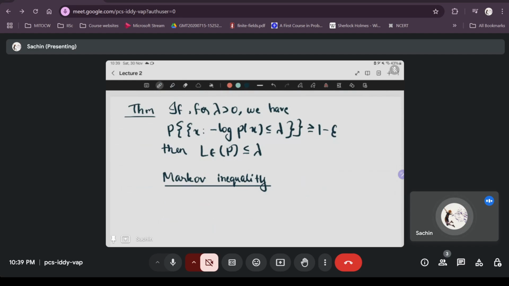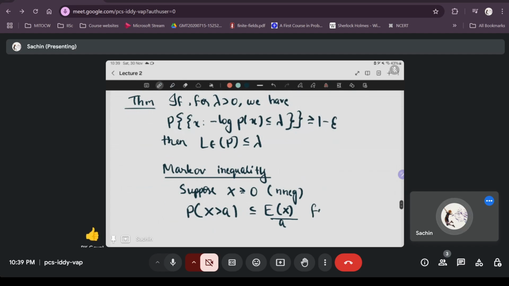It says, suppose x is a random variable which is non-negative, greater than or equal to 0. Then the probability that x is greater than A is less than or equal to the expected value of x divided by A for all positive values of A. So that's the Markov inequality.